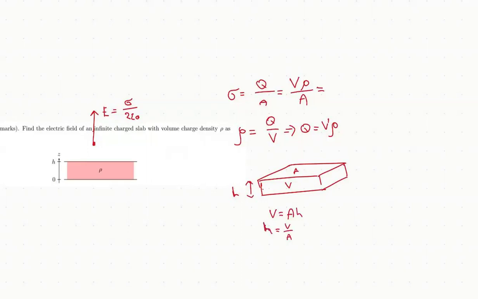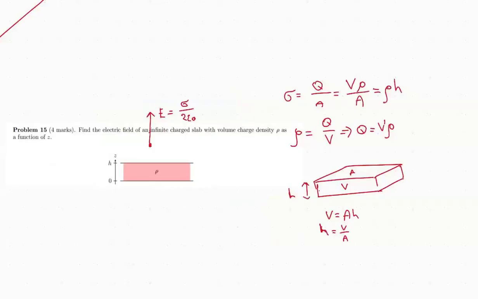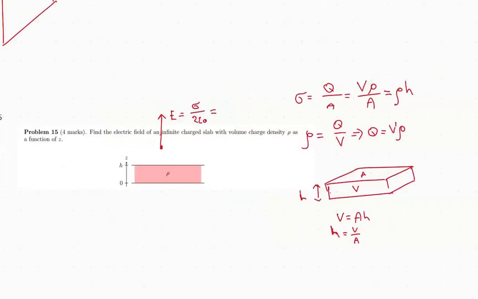H is volume over area. So it's rho H. So the field above the plate is rho H over 2 epsilon naught. Below the plate is the same, just in the opposite direction: minus rho H over 2 epsilon naught.